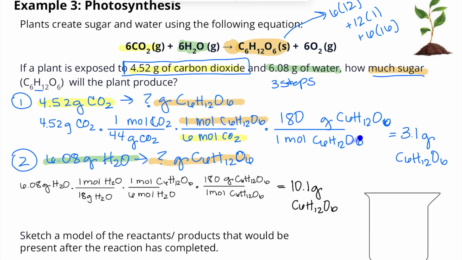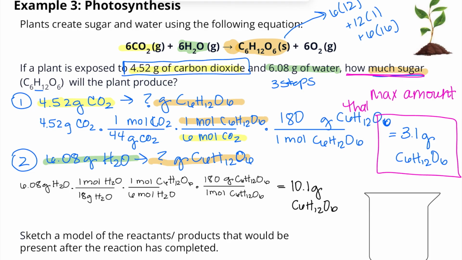And we need to think of which one is going to run out first. And our CO2 can produce less, which means that how much sugar? The smaller of our two is the maximum amount that can be produced from the amounts of our reactants that we have.